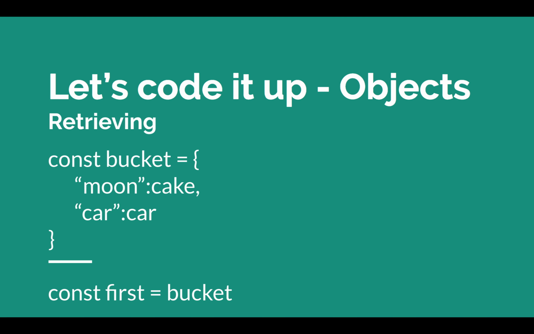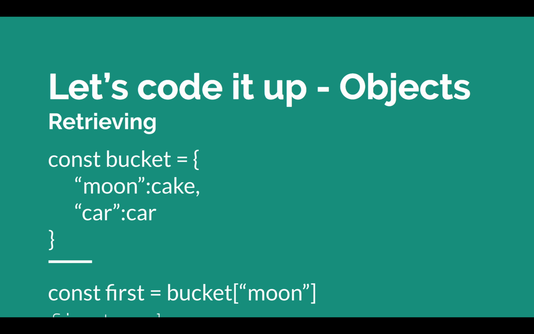We can say it's equal to, so we assign it bucket, square brackets, and we pass it the key. You can also use a dot and then pass the actual key name, but I like to keep things consistent and safe, and this is how I like to do it.